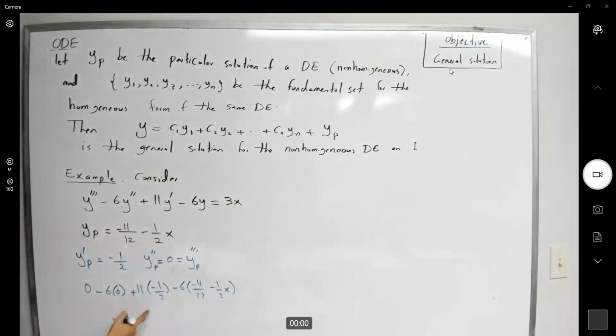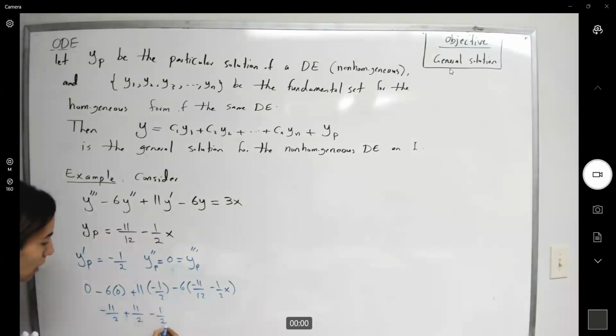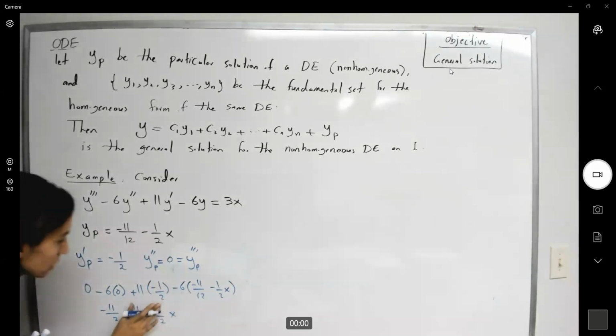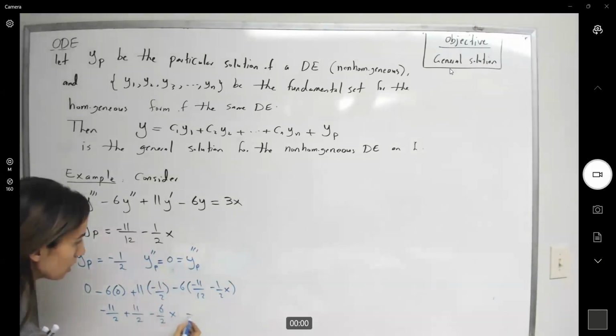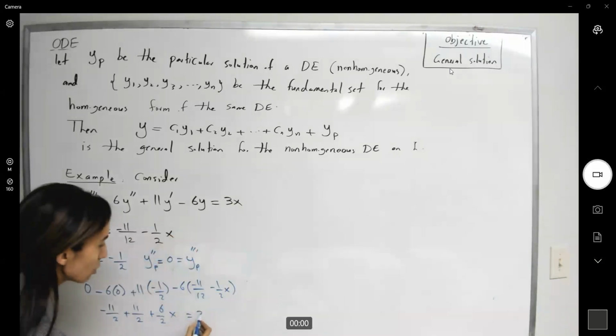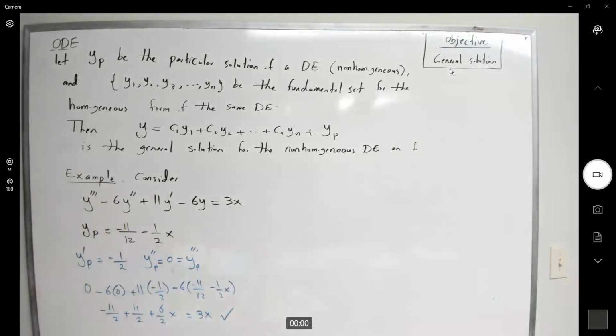So if you combine these, you get negative 11 over 2 plus 11 over 2 minus a half x times 6, divided by 2, it must equal 3x, which is equal to 3x. So we just verified that this guy is a particular solution.